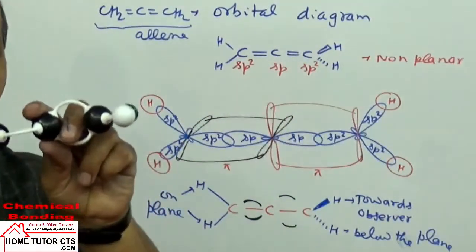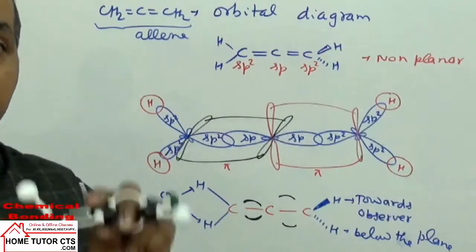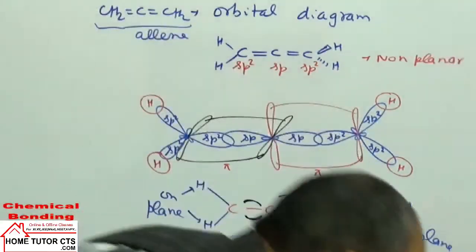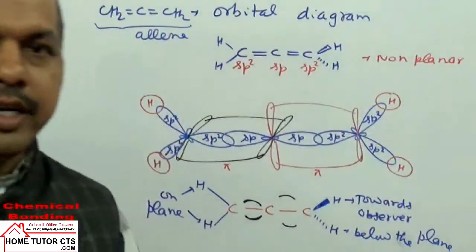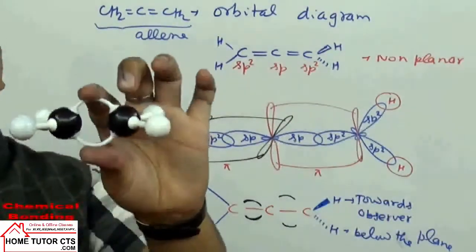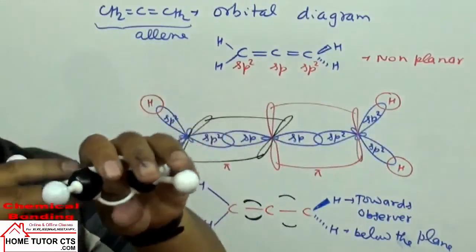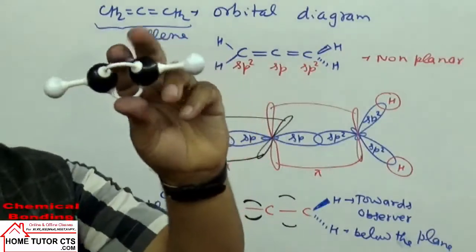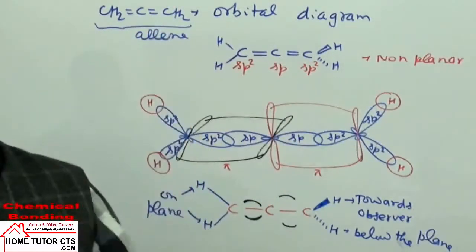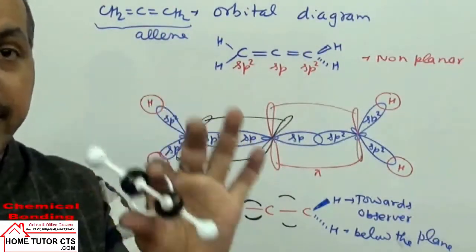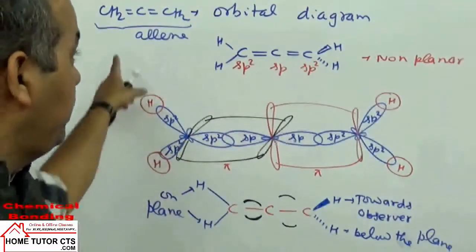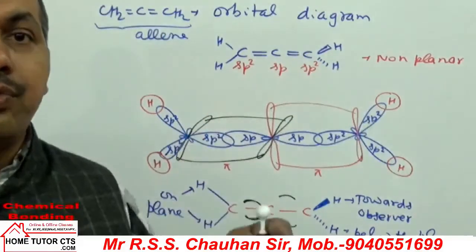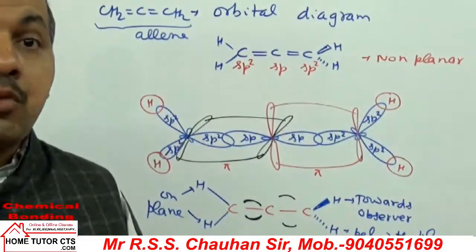We have taken the first two cases, ethene और ethyne (acetylene); they were planar. कैसे planar होते हैं? We can again see, in ethene all atoms are in the same plane, a planar molecule. If it is acetylene, all are linear in shape, meaning definitely in the same plane. So ethene and acetylene were planar, but allene, which has an even number of double bonds, 2, 4, will be non-planar.